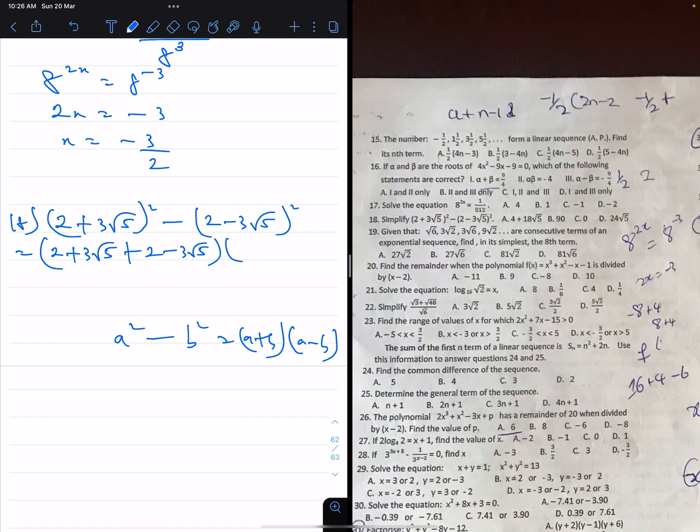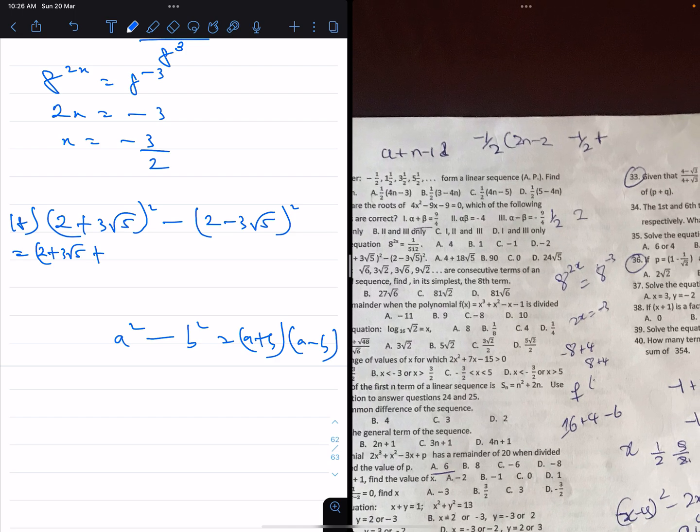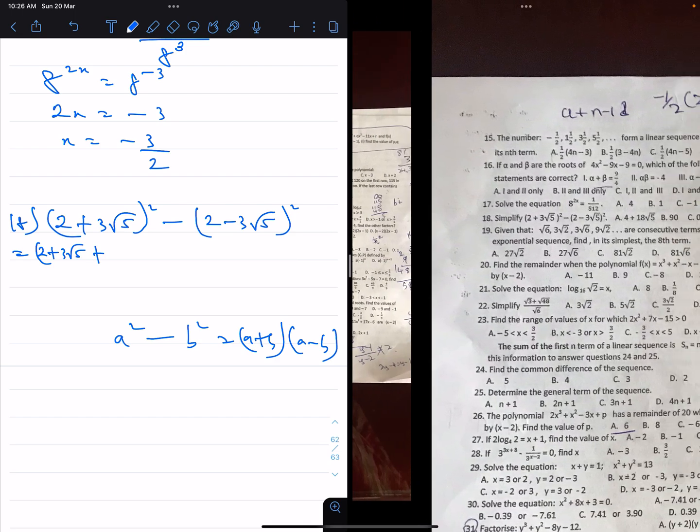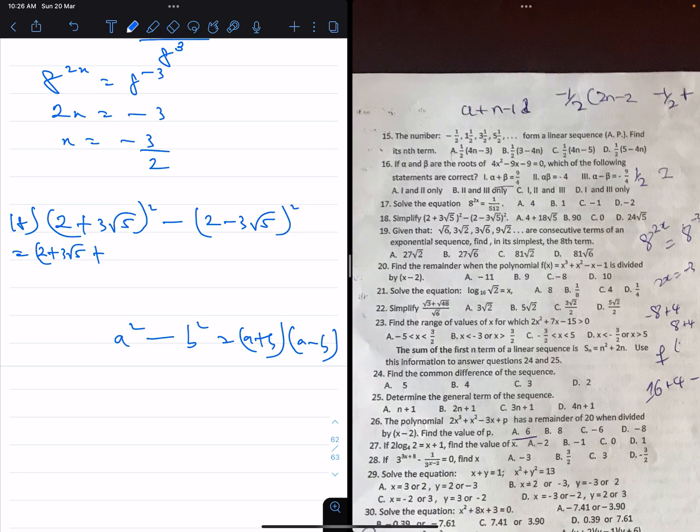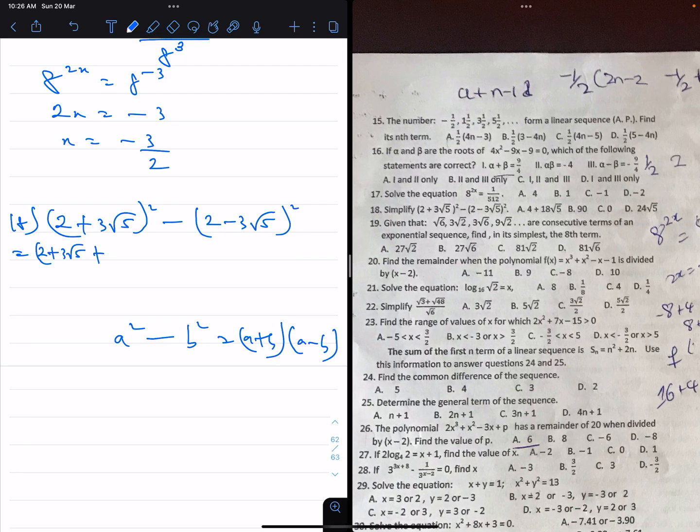Into bracket. You can see what we are writing. Now here, 2 plus 3 root 5 plus 2 minus 3 root 5.